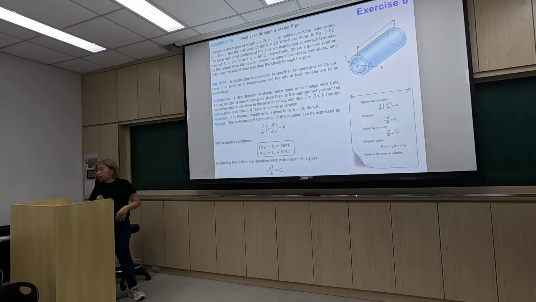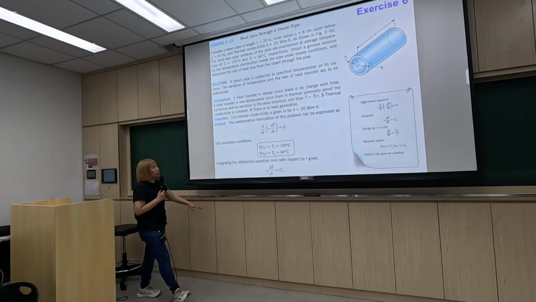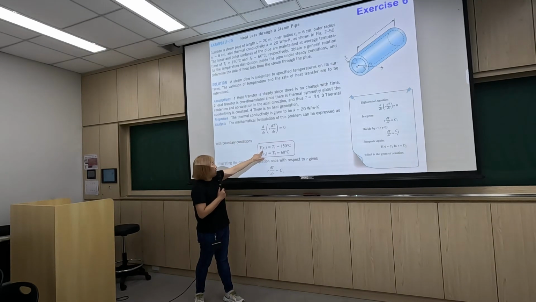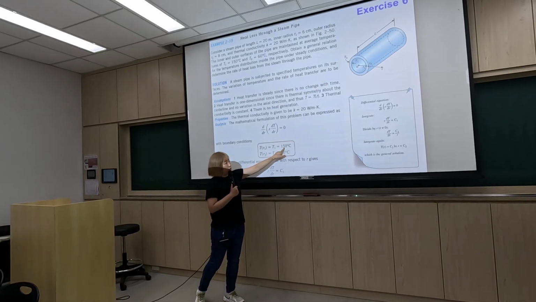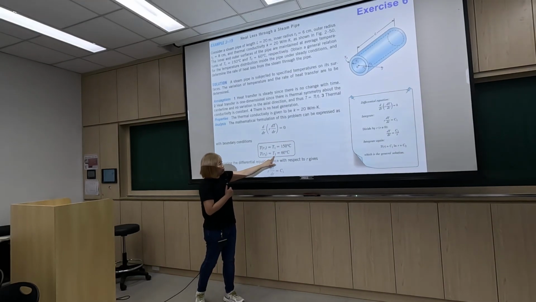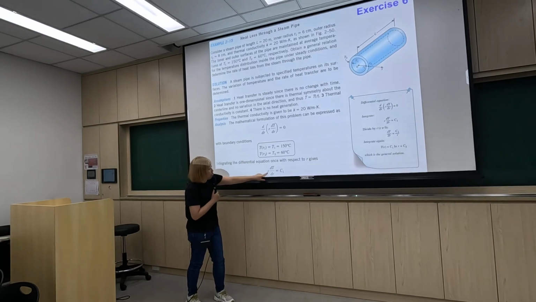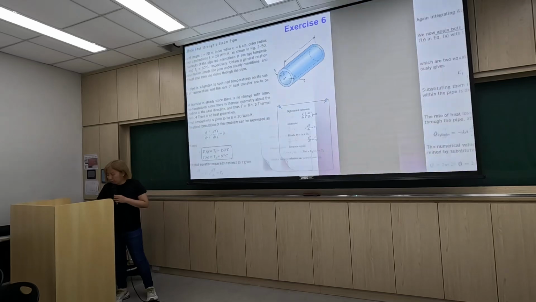Again, it is all about the temperature distribution and the heat flux. Start with the governing equation and apply the boundary conditions. So at r1 you have T1 equal to 150 degrees C, and at r2 T2 equal to 60 degrees C. Substitute them in. Take the first derivative, then we get C1; we already derived the equation.